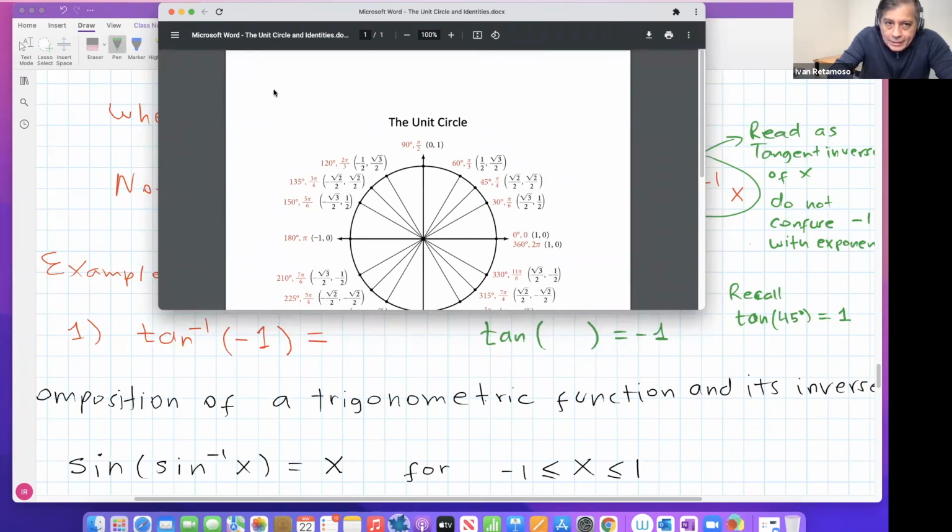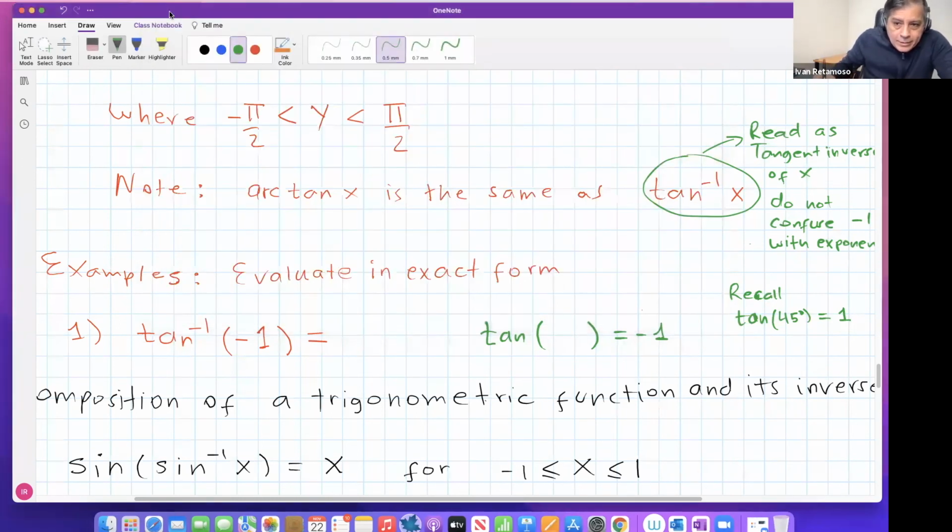Okay, great. Help yourself out with the unit circle. But now this is negative. From here, I can say that tangent of negative 45 degrees is equal to -1. Now, negative 45 degrees is negative pi over 4, since 45 degrees is pi over 4 radians.